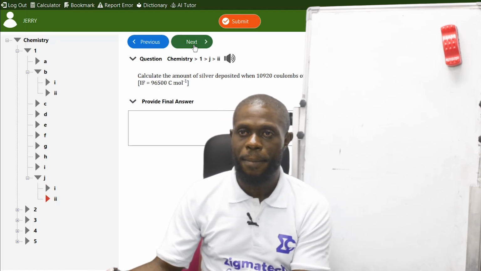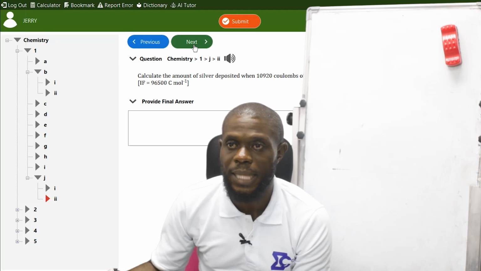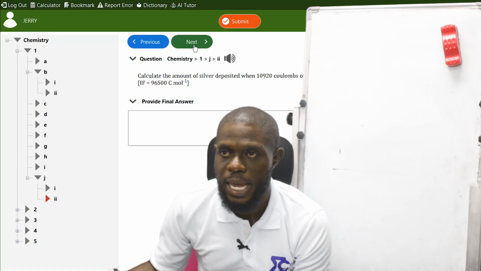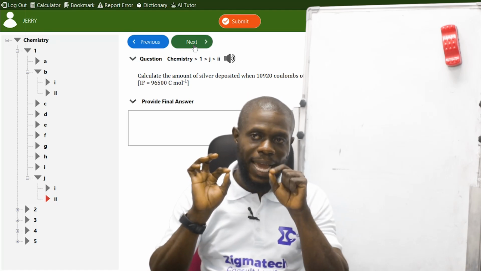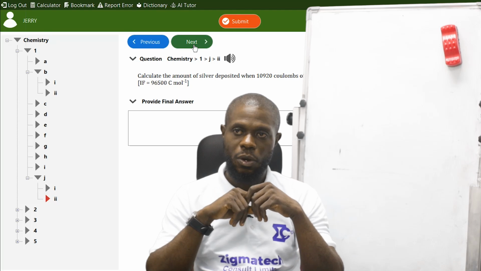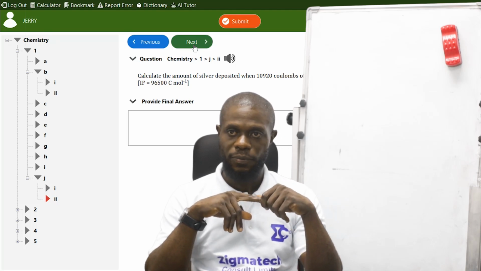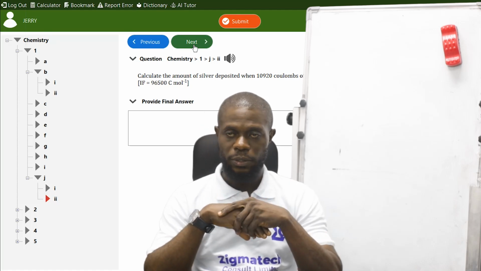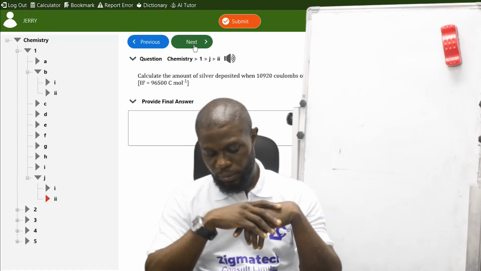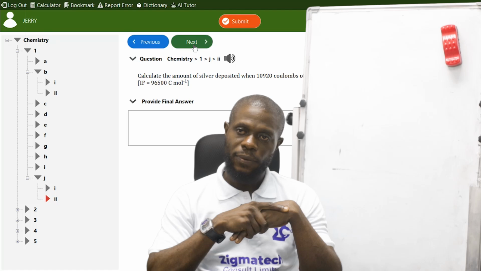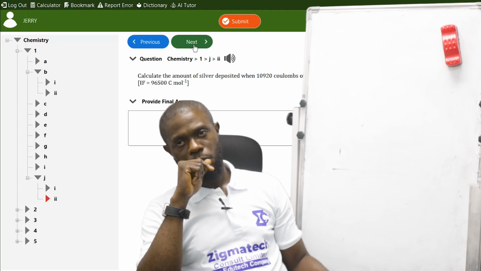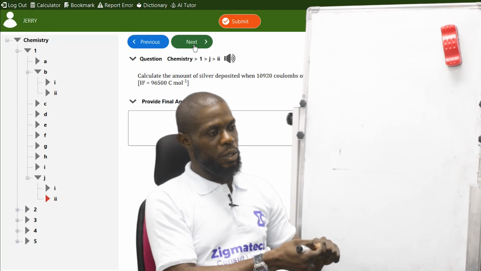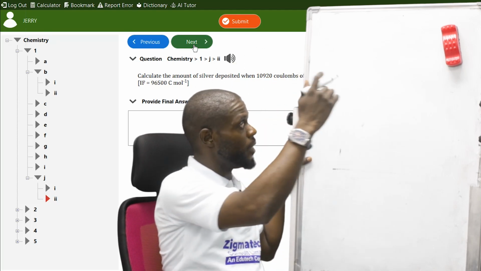Now the next question says, calculate the amount of silver deposited when 10,920 coulombs of electricity is passed through a solution of silver salt. 1 Faraday is 96,500 coulombs per mole. So 96,500 coulombs will liberate 1 mole of silver.